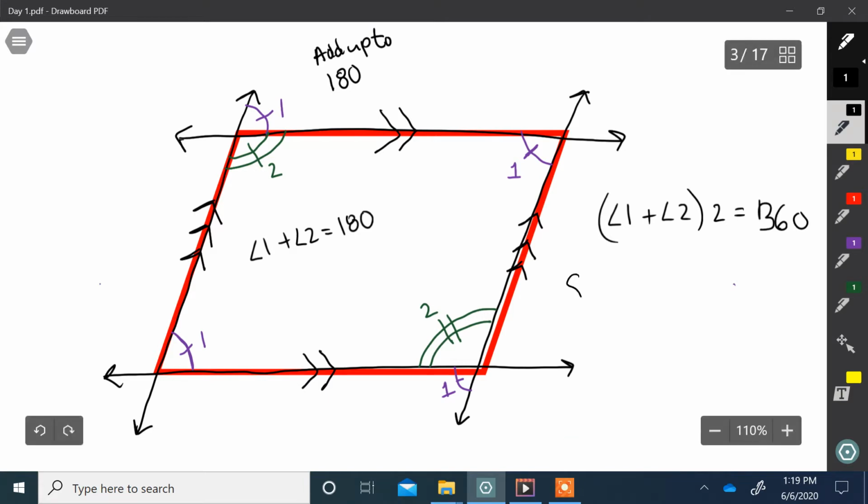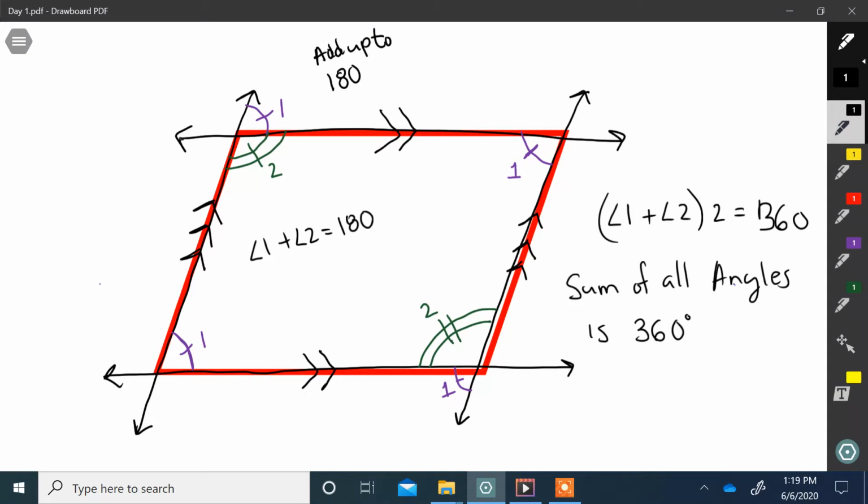So the sum of all the angles is 360 degrees. Okay, so those are fun stuff that we should know about.